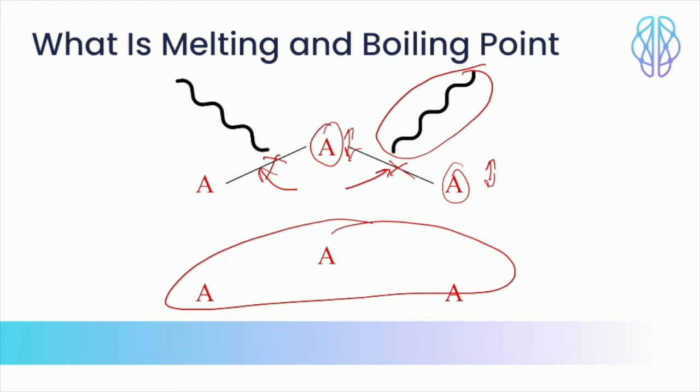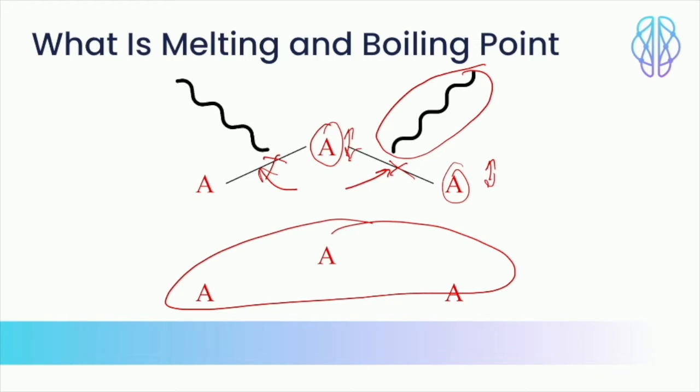So if you can imagine, if they're tightly bound, maybe in like a solid, and we supply enough energy, so we heat up compound A, and now we have weaker intermolecular bonds. We've broken those strong intermolecular bonds, and now compound A is freely available to float around, and now it's a liquid, right? So basically, we've melted compound A.